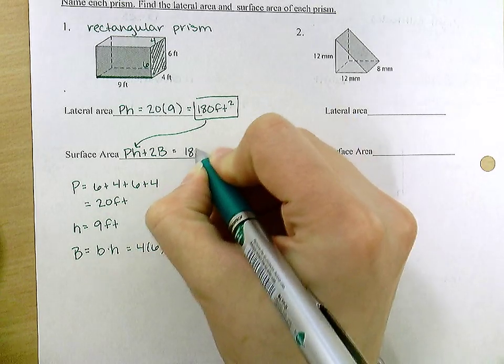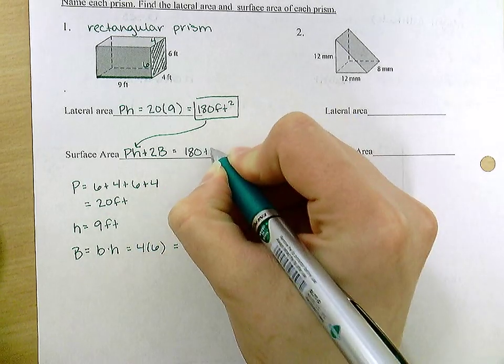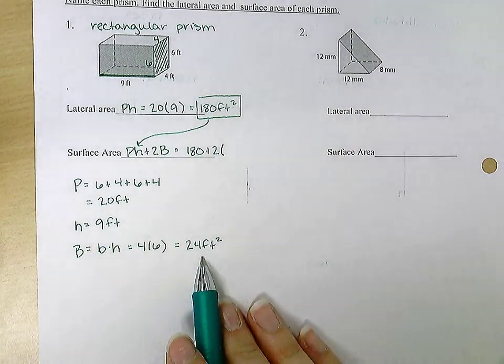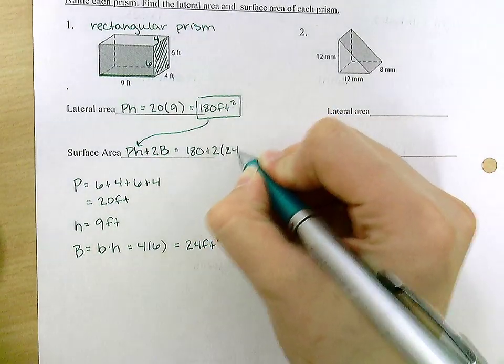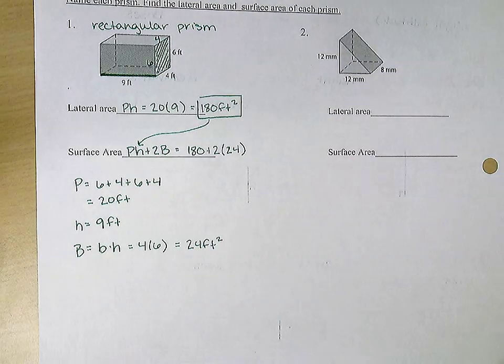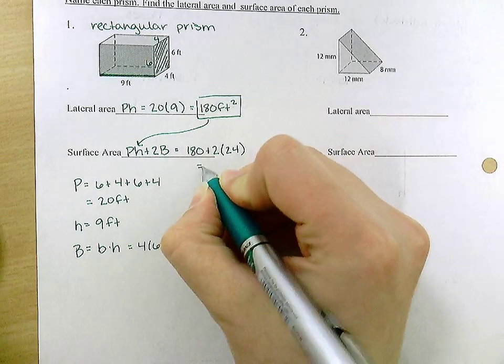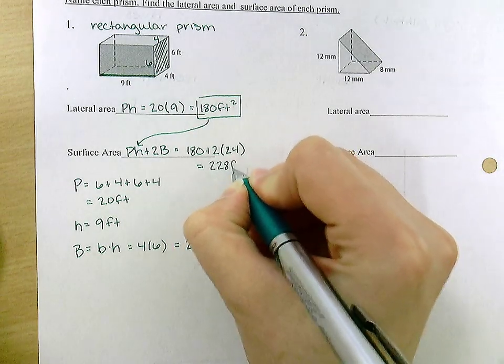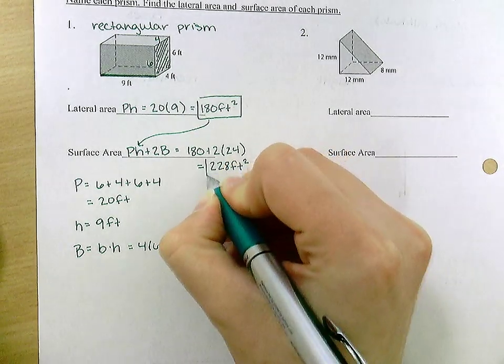So I would have 180 plus 2 times our capital B value, which is 24. So we have 180 plus 48, and that will be equal to 228 feet squared.